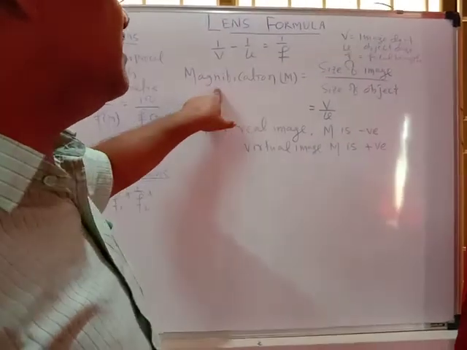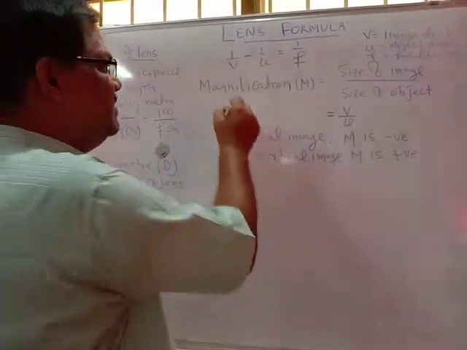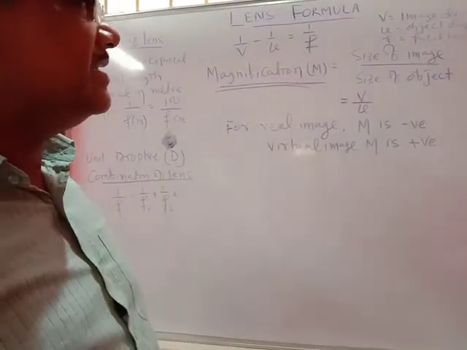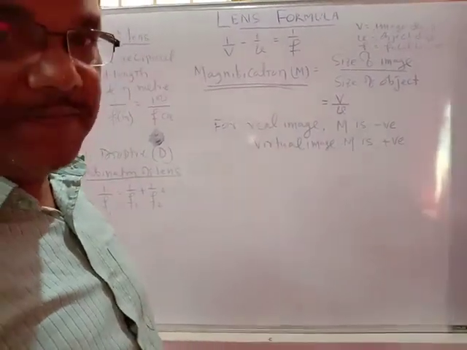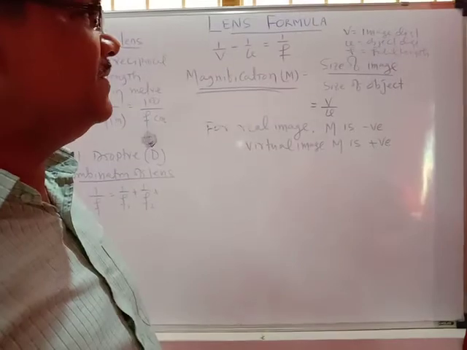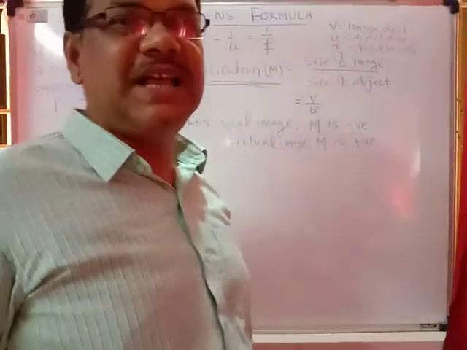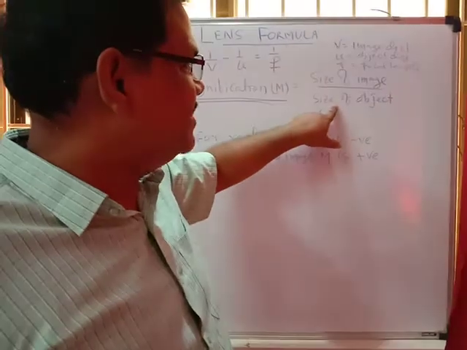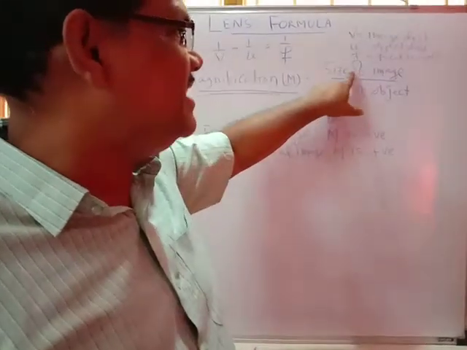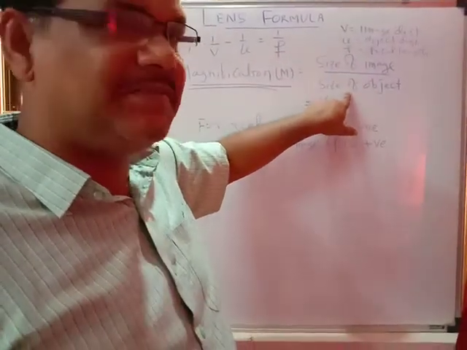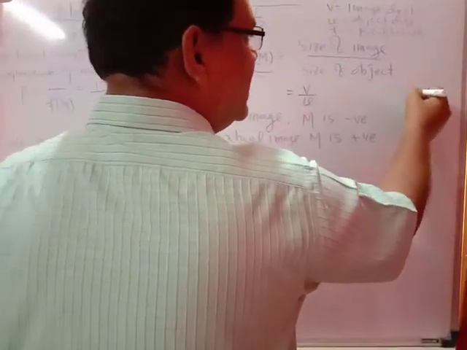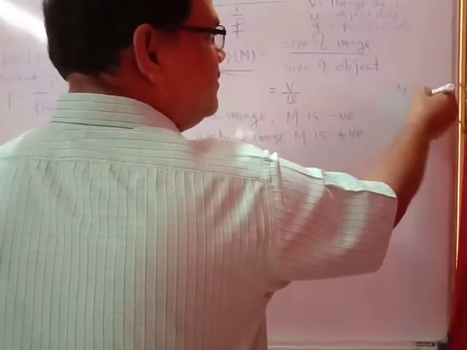Another term is magnification. What is magnification? The magnification of the lens is the ratio of the size of the image to the size of the object. If the size of the image is more than the size of the object, magnification M is greater than 1.